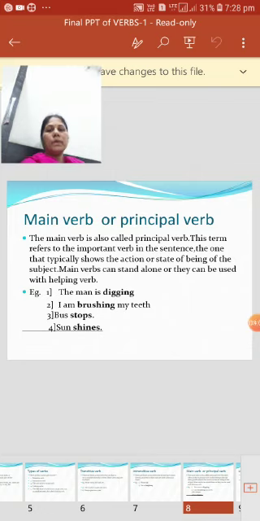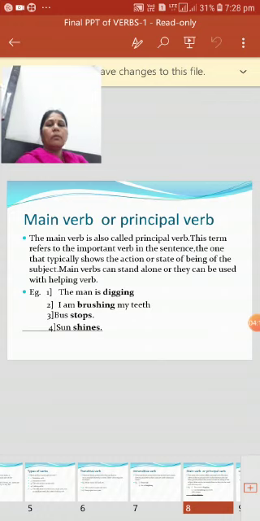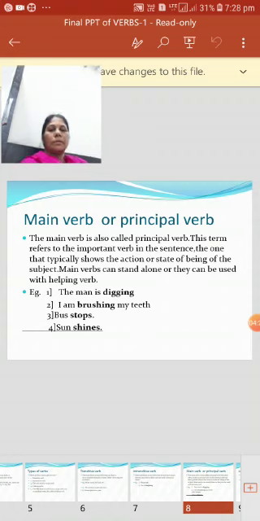Here it is attached to the subject. What is the subject in the example? The man is digging. The man is the subject. And what is his action? Digging. So digging is the principal verb. Second example we will see, I am brushing my teeth. I is the subject, brushing is the principal verb.